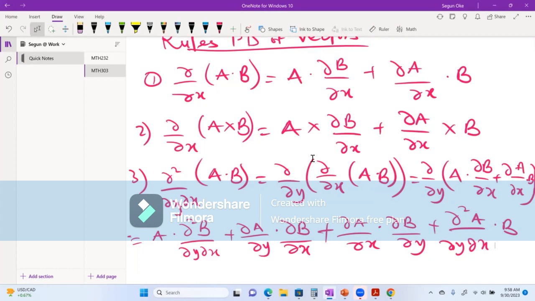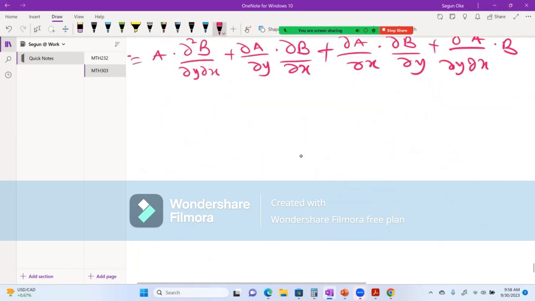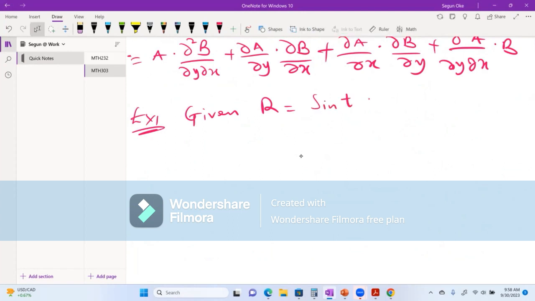Example 1. Example 1 says, given R equals to sine t I plus cos t j plus t k. They are all vectors.